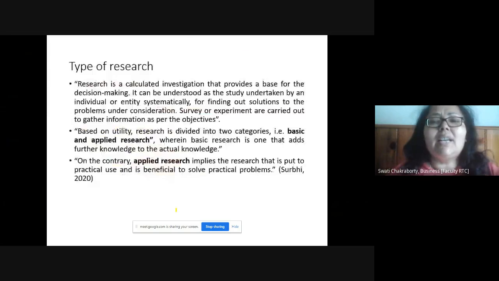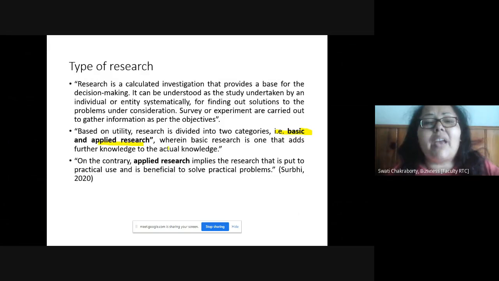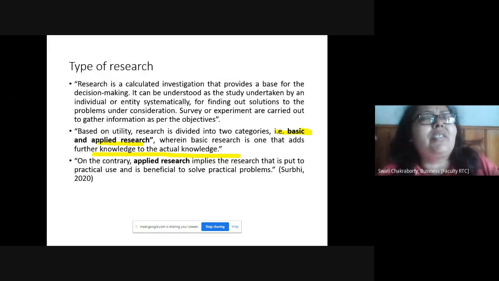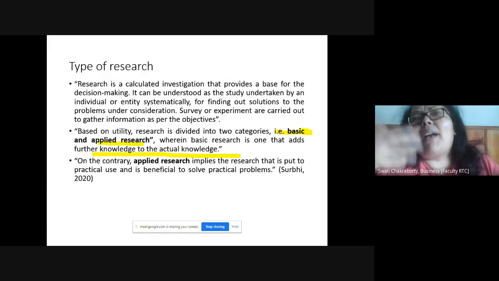So research can be of two different types. One is basic research, the other is applied research. Basic research adds further knowledge to the existing knowledge. It's just a piling up of additional knowledge to what is already there.